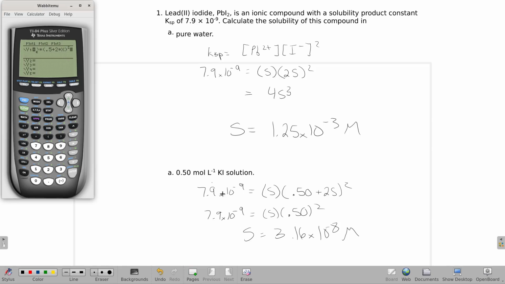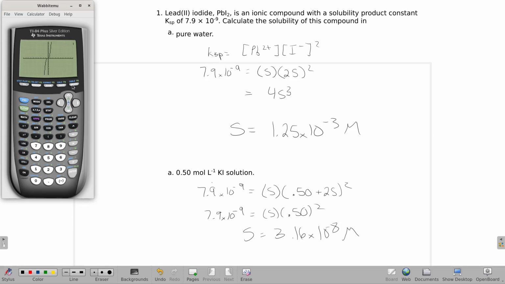And I want to move this over there, so I'm subtracting 7.9 times 10 to the negative ninth. Remember, when we do a line, we want to put everything on one side and have it just equal to y on the other side. So that is our entire equation, and if I hit graph, it actually does try to graph it.